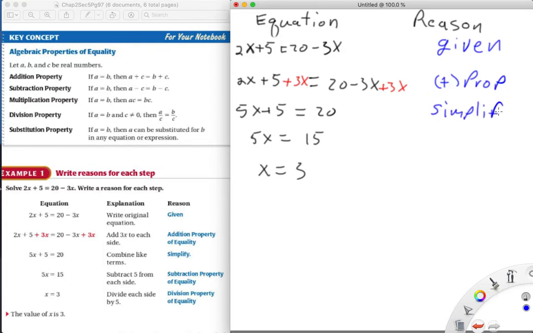Simplify is definitely a justification or a reasoning, even though we haven't written it down as one of the things. Next we subtracted 5 from both sides, so that's the subtraction property of equality. And the last thing we do is divide by 5 on both sides, so that's the division property of equality.